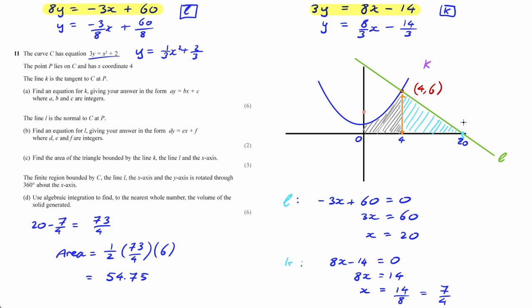Now, what I can do, guys, is this will become a cone. When you rotate this line around the x-axis, it becomes a cone with height, the height there, just 16. 20 minus 4 is 16. And this height is 6, so maybe I should have left that 6 there.